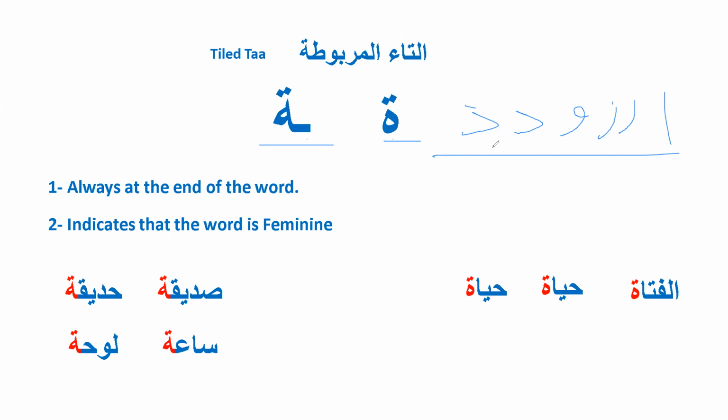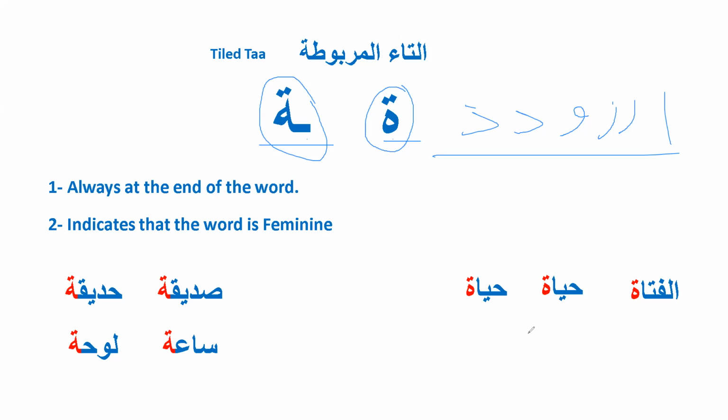In this case, when ta marbuta comes after these letters, it's written like this, okay? And after the rest of the letters it's written like this because it should be joined with the letters.